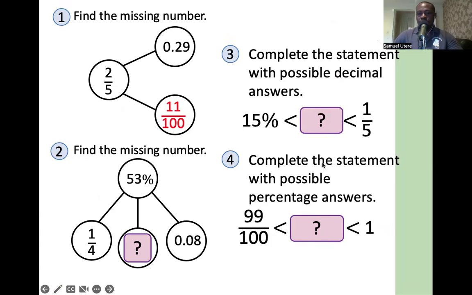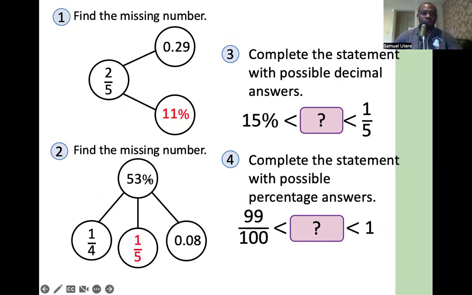Now, we can convert all of them into decimal. So if we have 0.4 minus 0.29, that will be 0.11. 0.11 is the same thing as 11 hundredths. Okay, and that's the same thing as 11%. Okay, so we can write it in different forms.